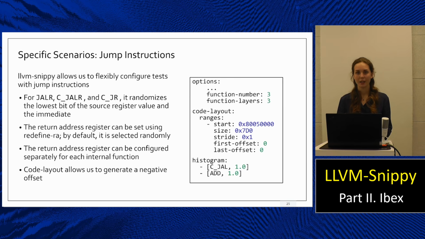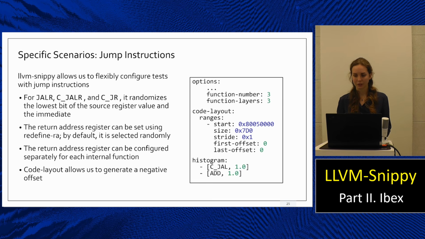The next group of specific scenarios is control transfer instructions. We already exercised branches and jumps in the basic set, but for coverage the details often matter more than the transfer itself. For JALR, C.JALR, and C.JR, LLVM-snippy can randomize the low bit on the source registers and the immediate.